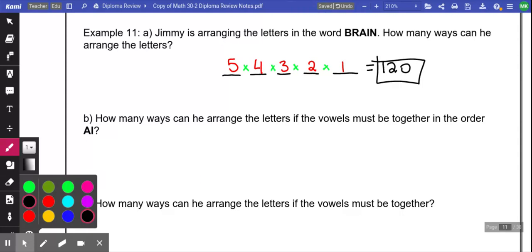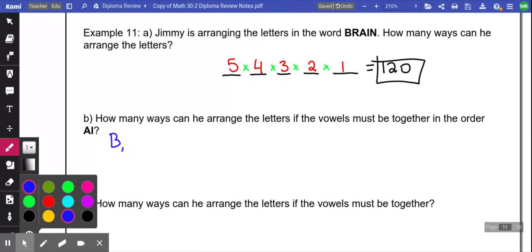Part B. How many ways can he arrange the letters if the vowels must be together in the order AI? Okay, this is called a grouping question. The way we tackle grouping questions is we treat the group as one thing. So for instance, the letter B in brain is one thing.